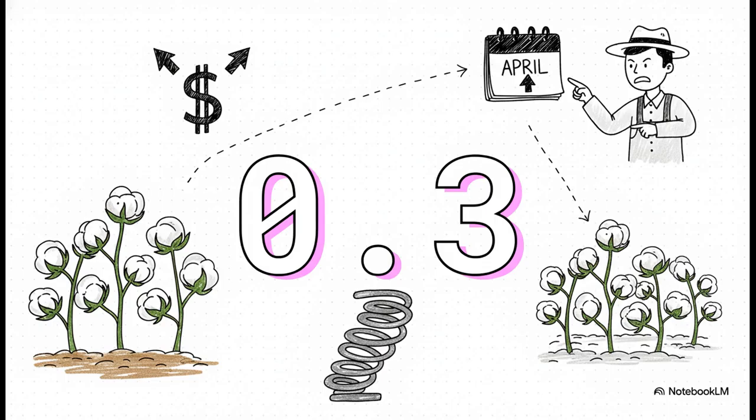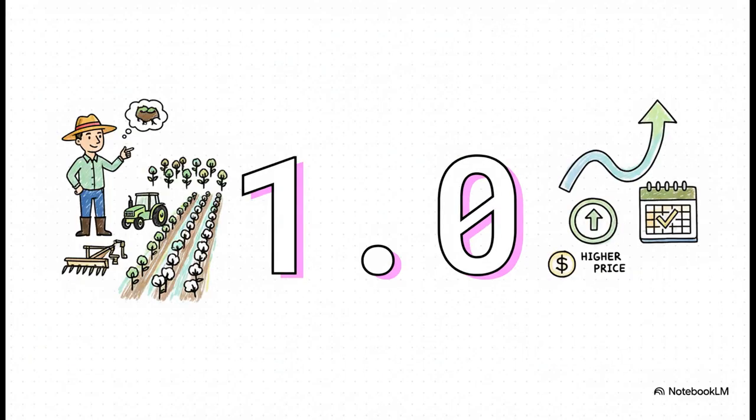They're locked in for that year. But give that same farmer a year or more, and look what happens. The long-run elasticity jumps to 1.0. That's unit elastic. Now that farmer can plan ahead, dedicate more fields to cotton, maybe even buy a new harvester. He can fully respond to that price change. See? Time completely changes the game.